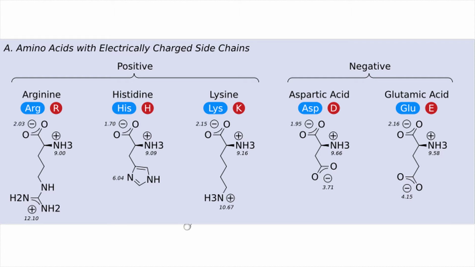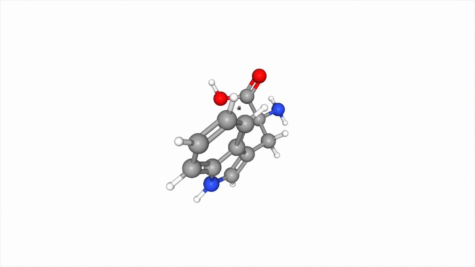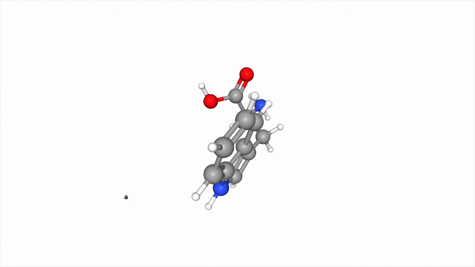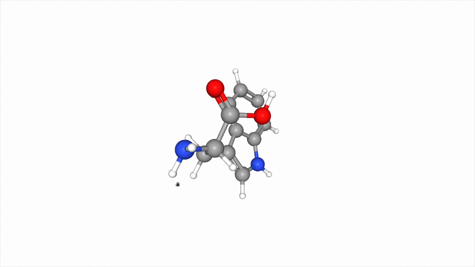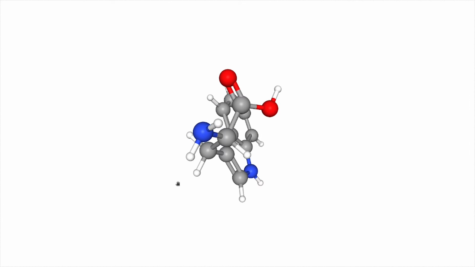When either a positive charge or a negative charge is greater overall, that is the charge given to that amino acid. Arginine, histidine, and lysine are positively charged amino acids. That's because the collective elements that make up their side chains all have a total net positive charge. Aspartic acid and glutamic acid are negatively charged amino acids, and that is because they have a total sum negative charge. That is the overall charge of those side chains.